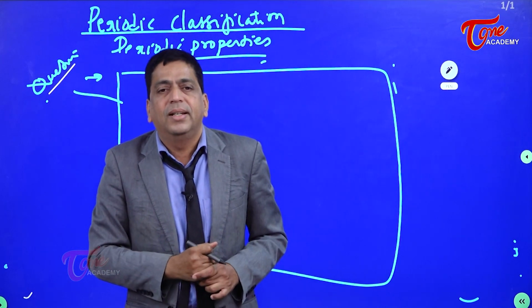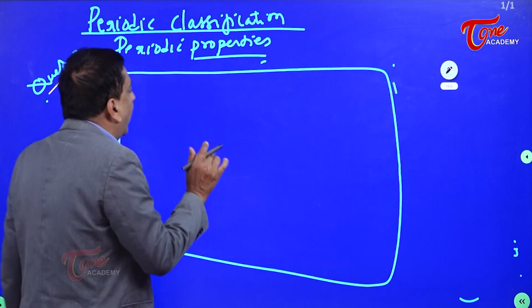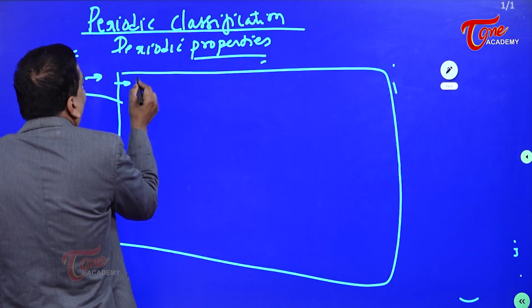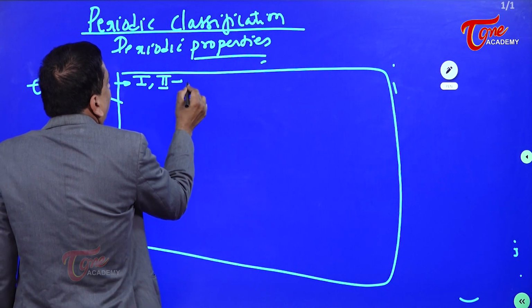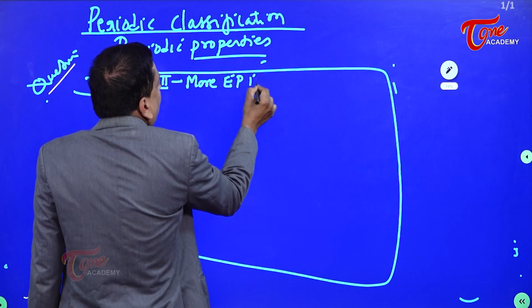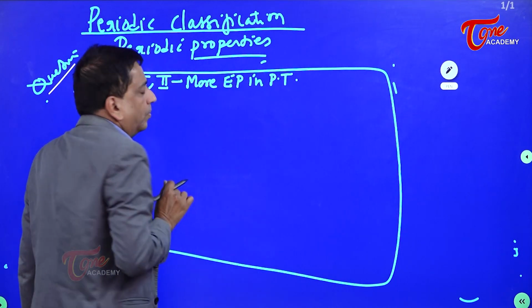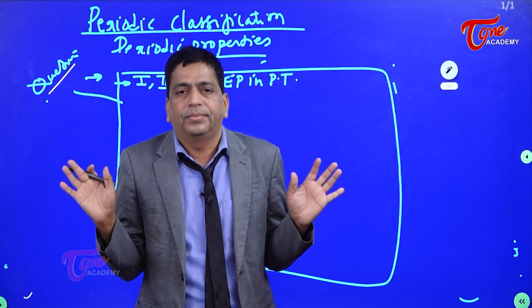The applications of electropositivity: the first thing I wanted to say, the first group and second group are the most electropositive elements in the periodic table.